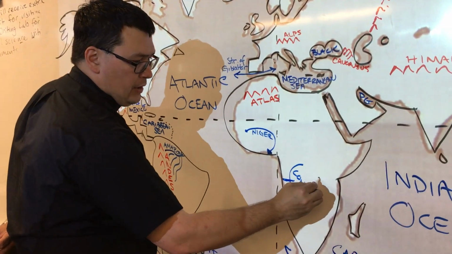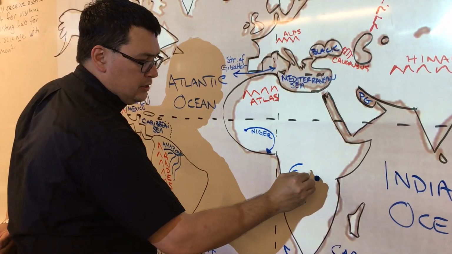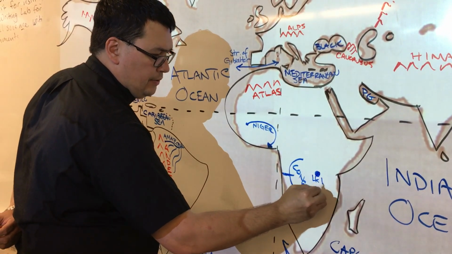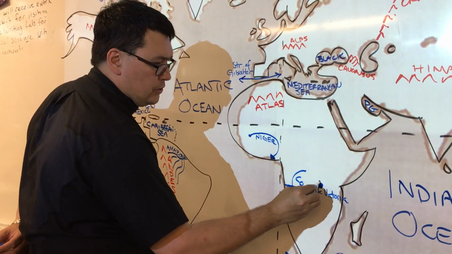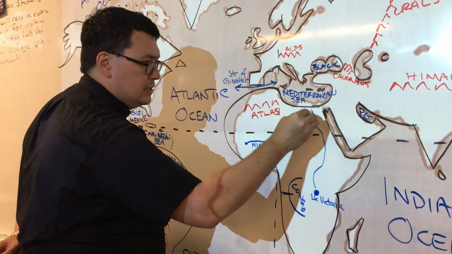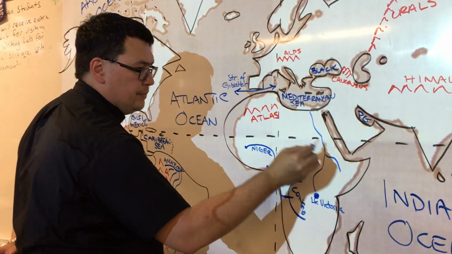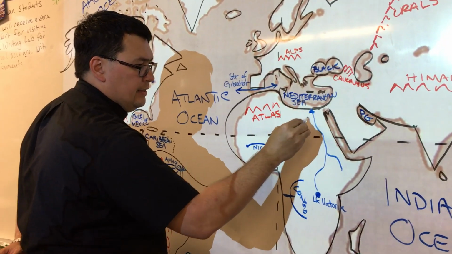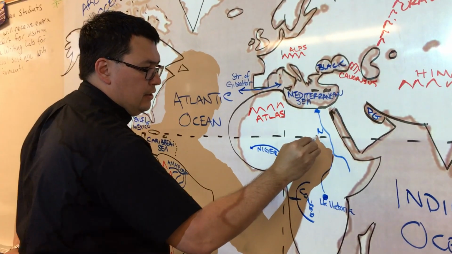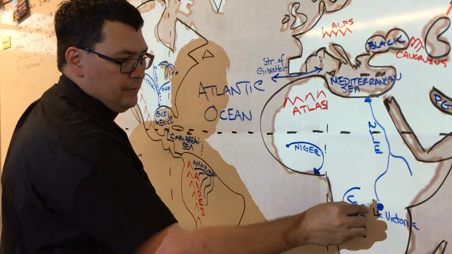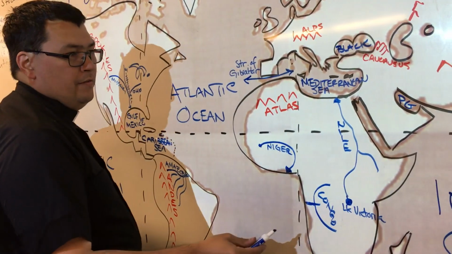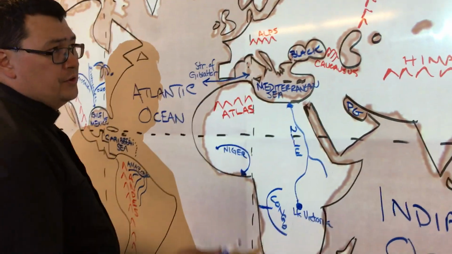The heart of Africa, we have a very large lake called Lake Victoria. And from Lake Victoria comes the longest river in the world. And this is the Nile, N-I-L-E. This is the Nile River. Finally, we have two rivers in Europe.